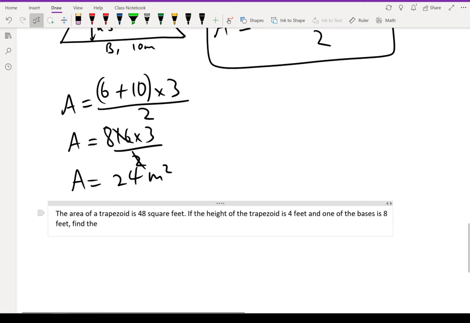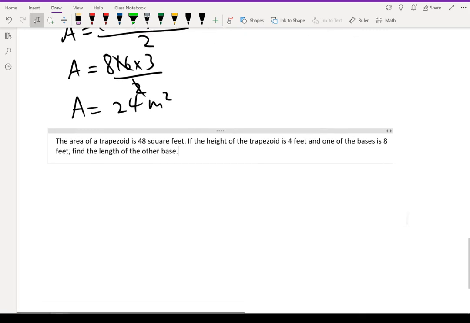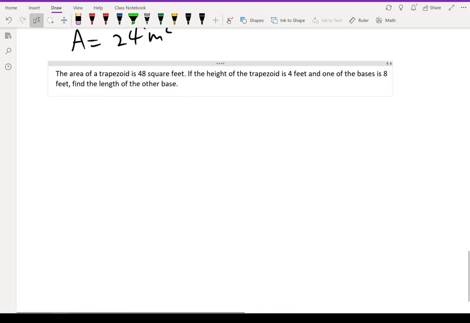The height is 4 feet, one of the bases is 8 feet, find the length of the other base. Okay, so we are given a word problem. The area is 48, the height is 4, one of the bases is 8, and so let's plug in all these values into our equation.